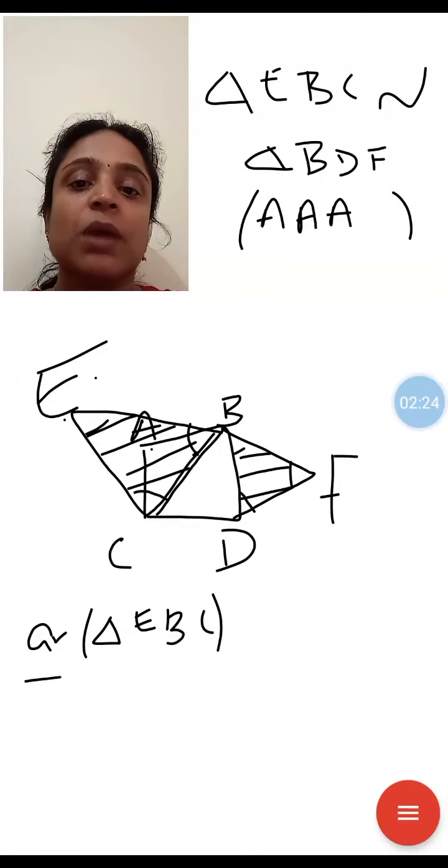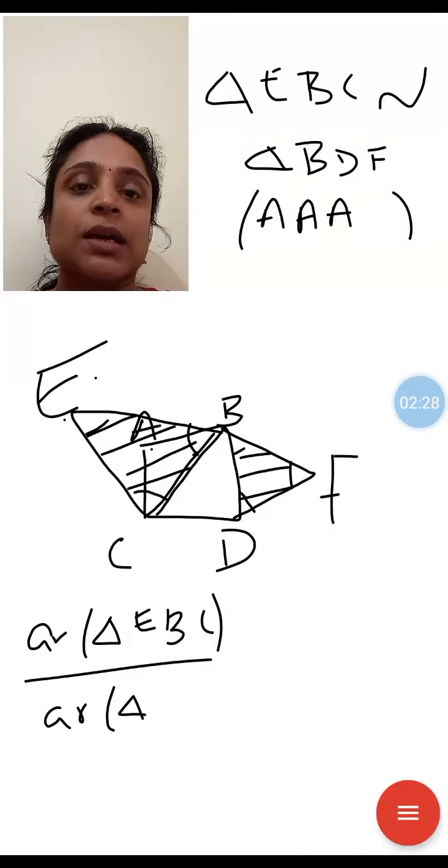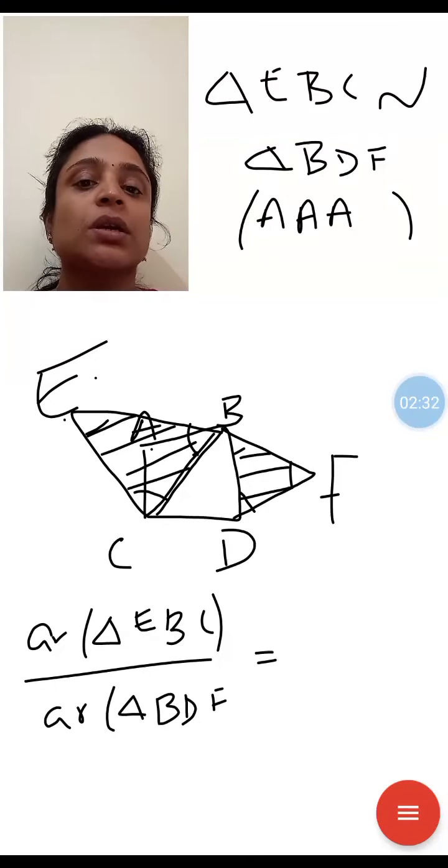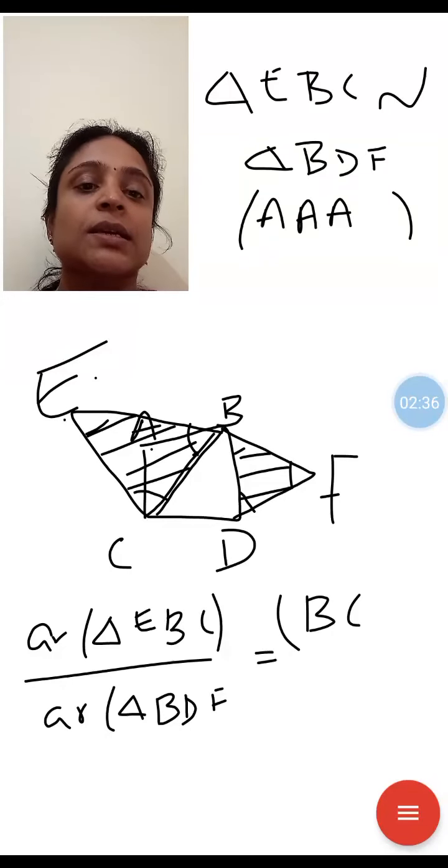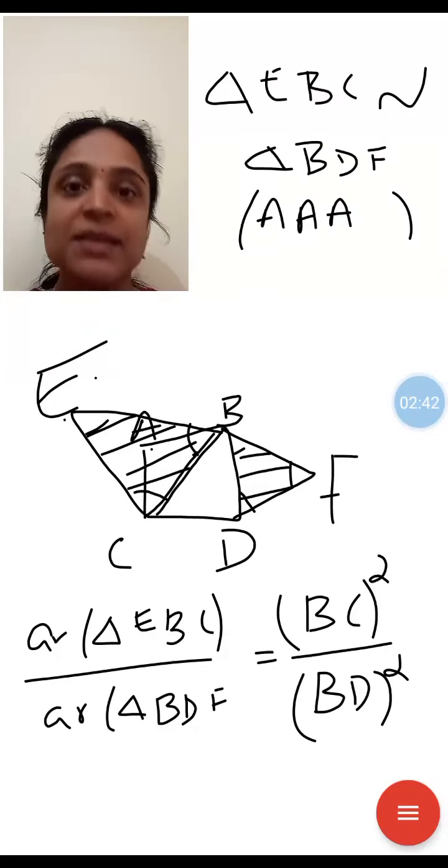Okay. From this, we know that area of triangle EBC by area of triangle BDF equal to BC square by BD square. Right?